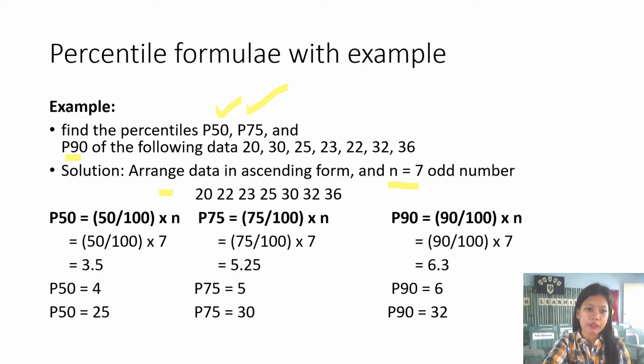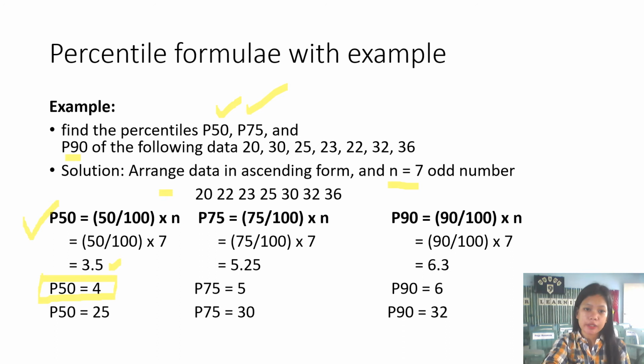So in finding the 50th percentile, we have the formula 50 over 100 times n, or the total number of data, which is 7. So 50 over 100 times 7 is equal to 3.5. Round off to the nearest, the 50th percentile is 4.